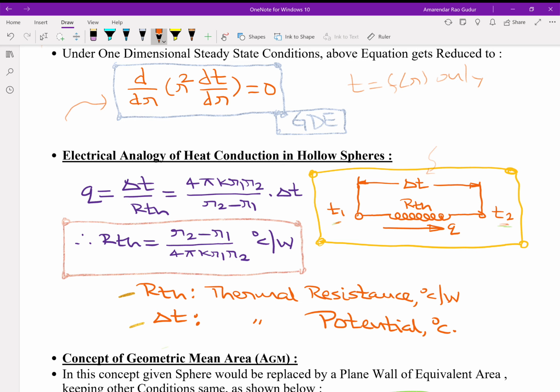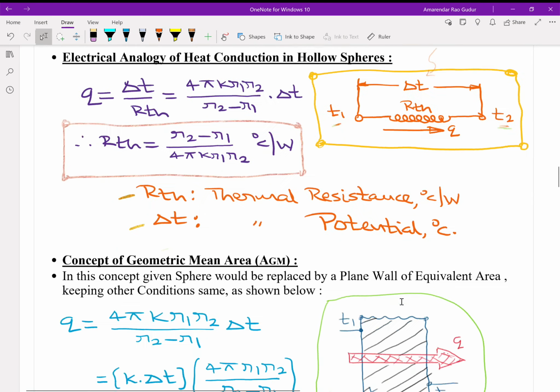And by comparing these two equations, we realize that thermal resistance is (R2 minus R1), that is sphere thickness, by 4 pi k R1 R2 degree centigrade per watt, where RTH is thermal resistance in degree centigrade per watt, and delta T is thermal potential responsible for the heat transfer rate.